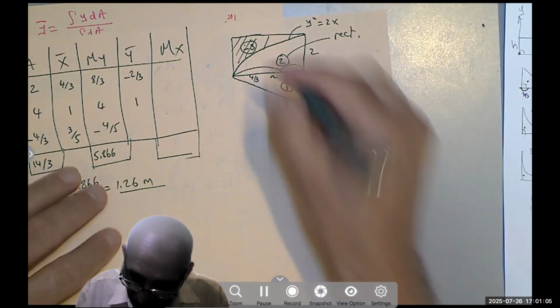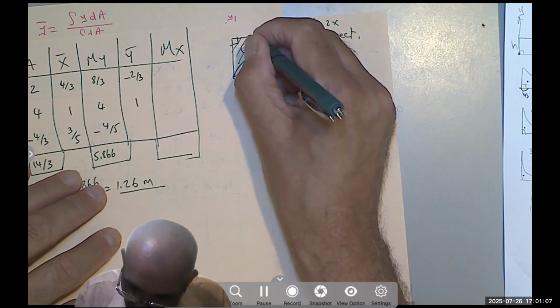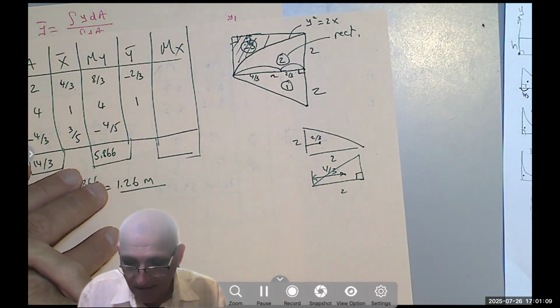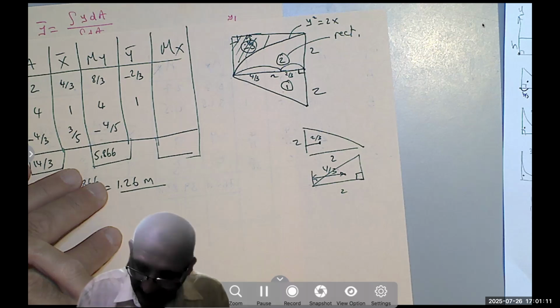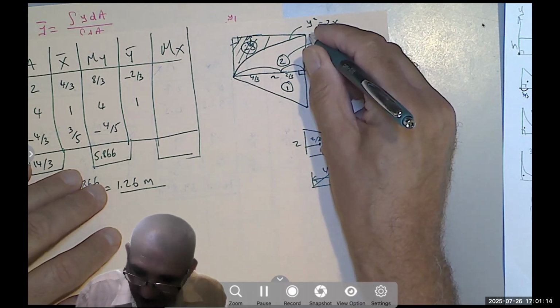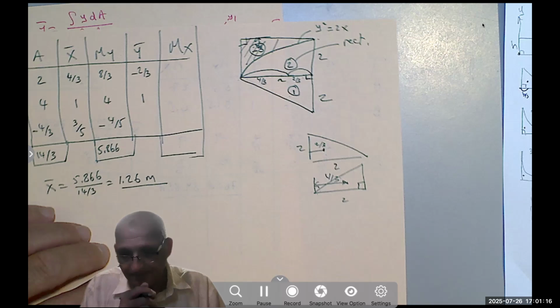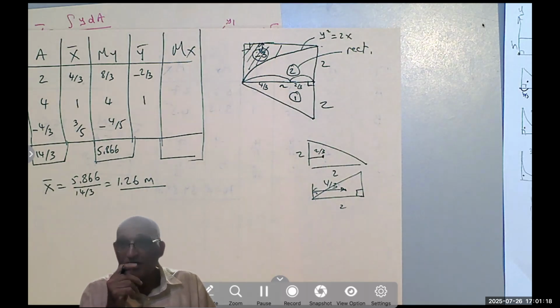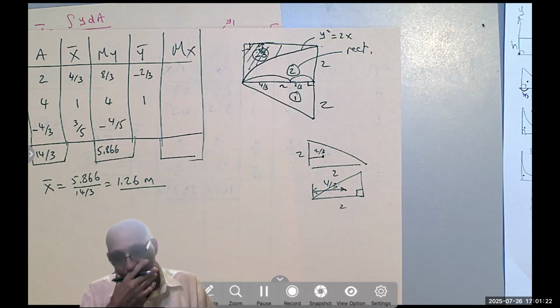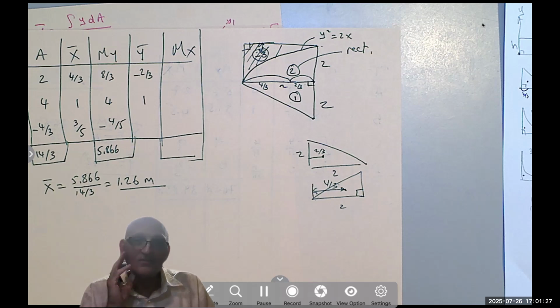But b over 4 from the right angle. That distance is 2. B over 4 is 1/2. So should I subtract, I'm sorry, should I say 1/2? What do you think?